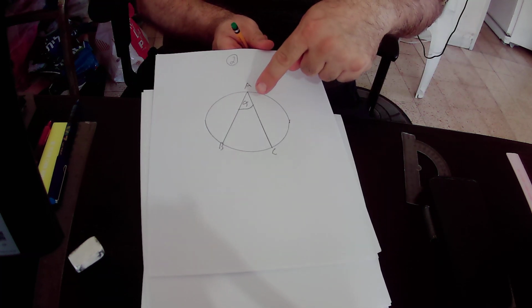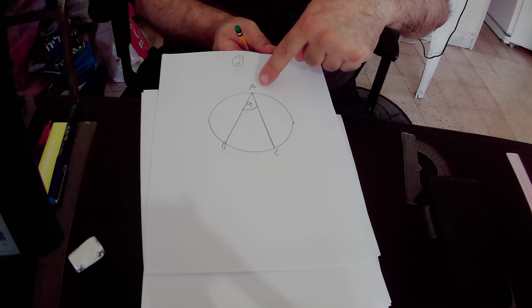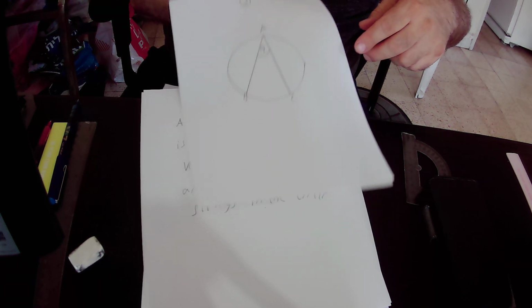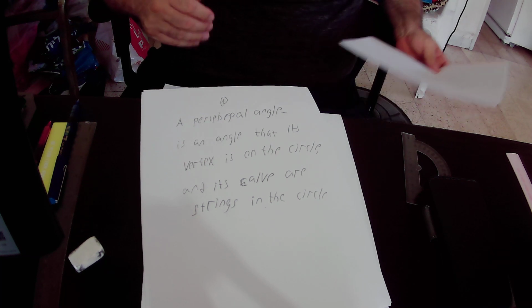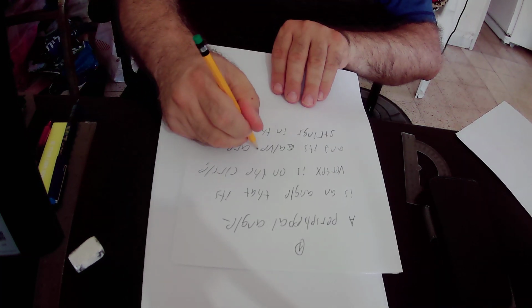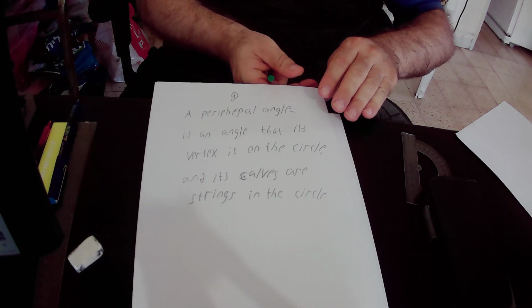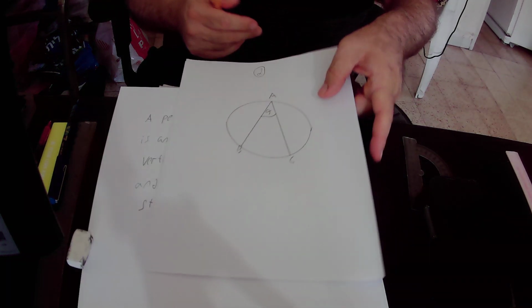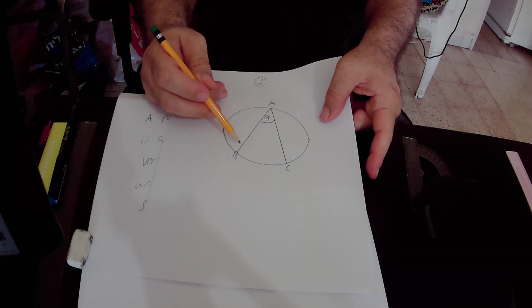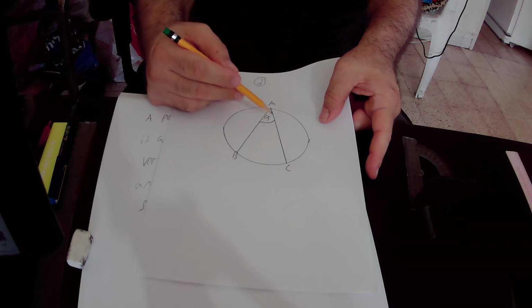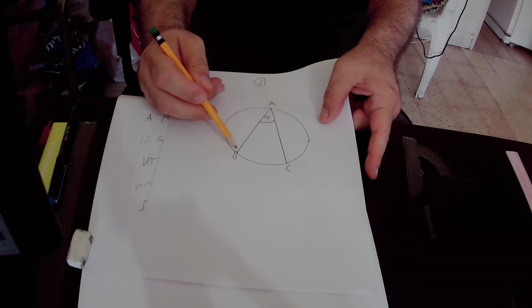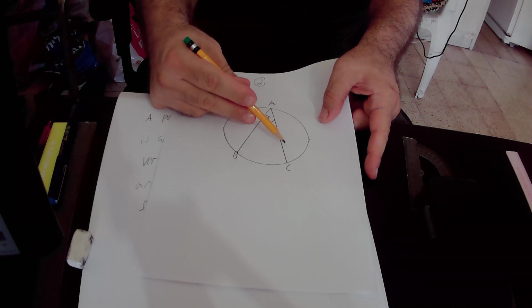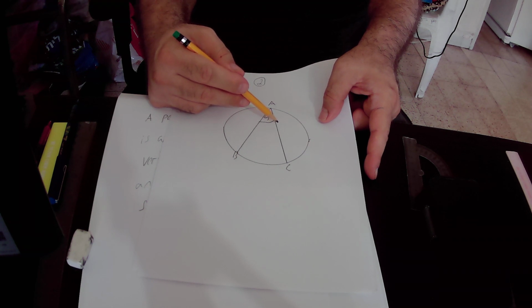The vertex of peripheral angle alpha is point A, a point on the circle itself, and its curves are strings in the circle.